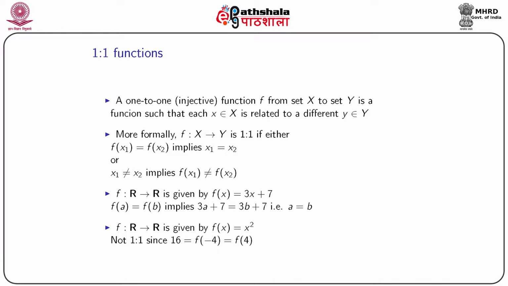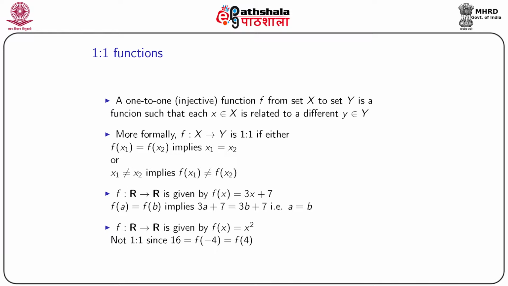Or if we say it in the reverse way, if x1 and x2 are not equal, that means x1 not equal to x2, that implies that f(x1) can never be equal to f(x2). That means f(x1) not equal to f(x2).